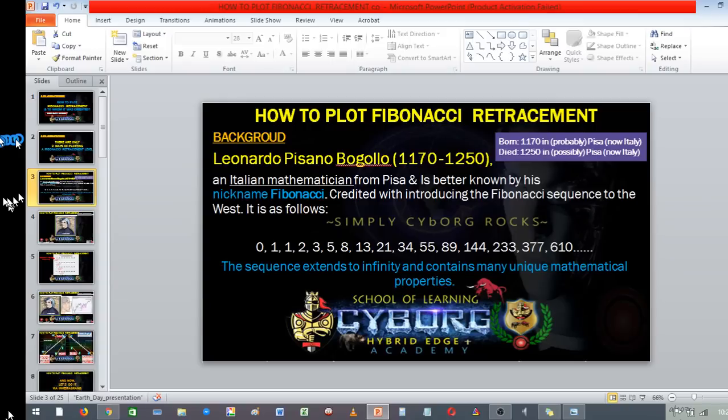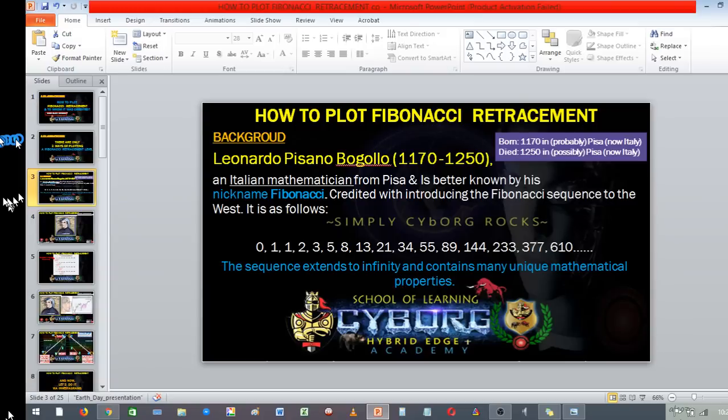Fibonacci was credited to Leonardo Pisano Bogoglio, and it was assumed he was born in the 11th century, 1170 to 1250. He possibly died in 1250.